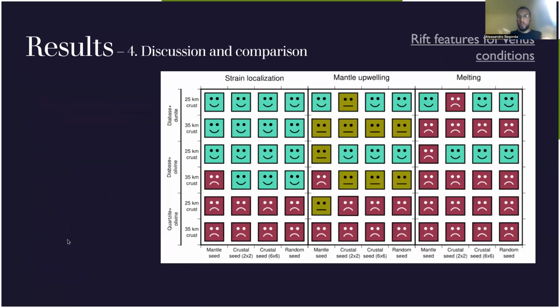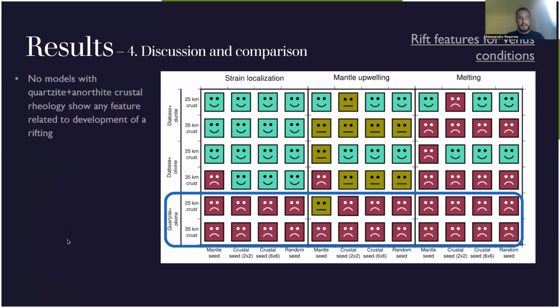So just to summarize all these things we observed, none of the models with a weak rheology, so quartzite and anorthite for the crust, show any strain localization, mantle upwelling, etc., for any seed and for any crustal thickness.